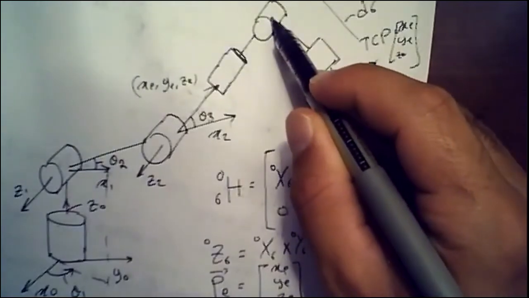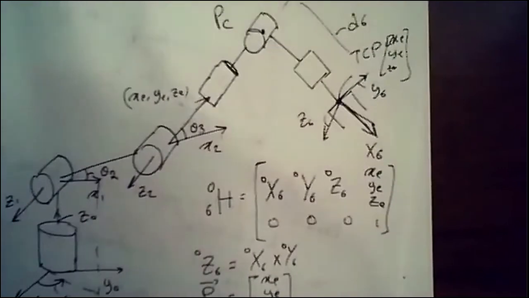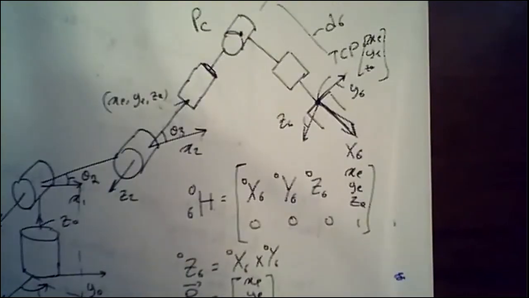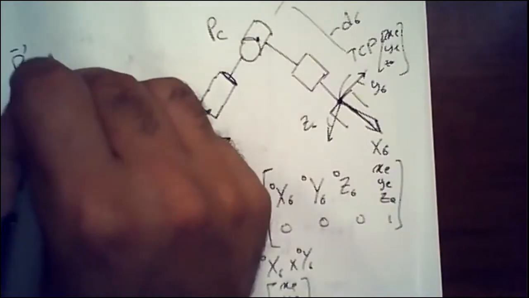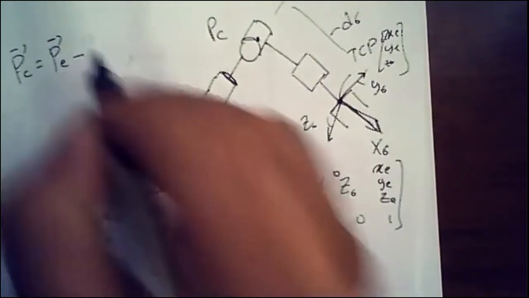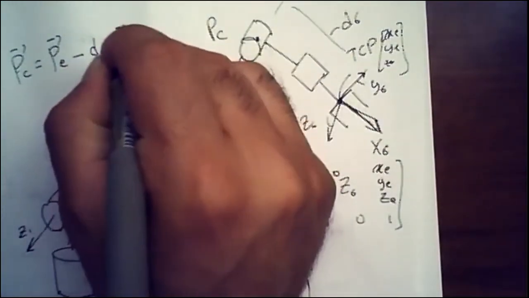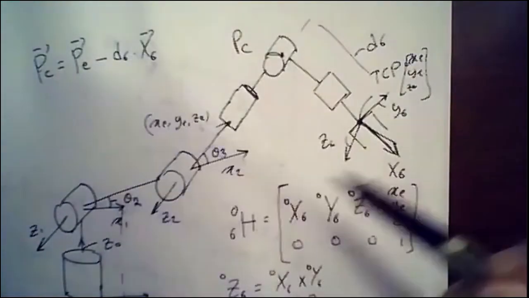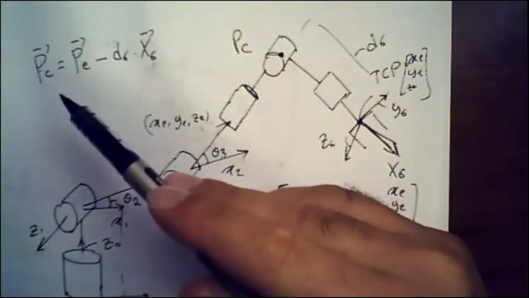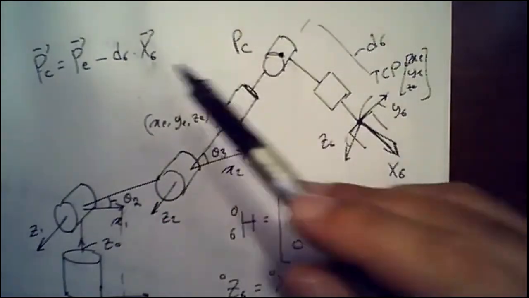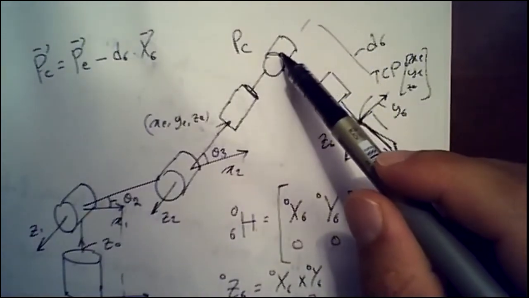I can find the position of this point; let's call this point PC. So what is PC? I'm going to write it here. PC is equal to PE minus D6 multiplied by X6. If you do that, you obtain the coordinates of that point. So PC is nothing but PE, which you already have, minus D6 multiplied by X6. Now you have obtained the position of that point.